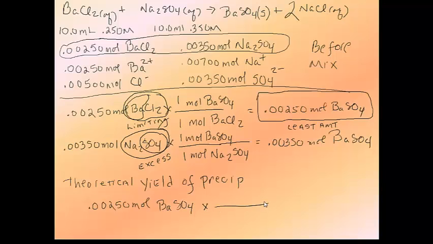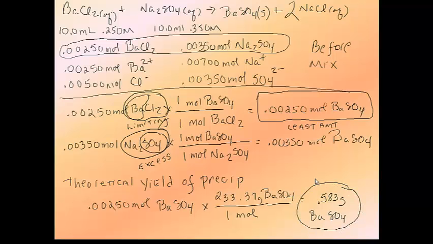Multiply that by molar mass. 1 barium, 1 sulfate, 4 oxygens. 1 mole of barium sulfate is 233.37 grams. I have 0.00250 moles of it, and I get a theoretical yield of 0.583 grams of barium sulfate.